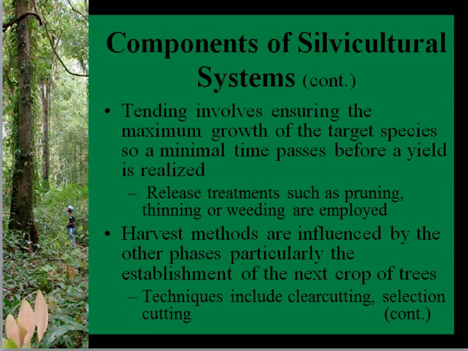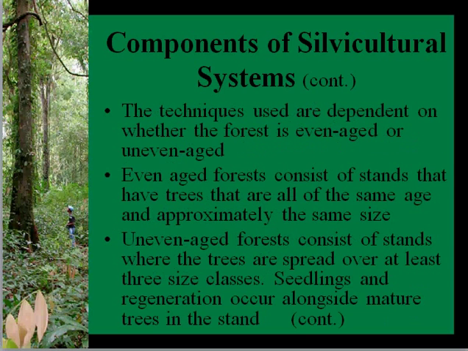So these different techniques are very much dependent on whether the forest is one of two main types, whether your forest is an even-aged forest or an uneven-aged forest. Now an even-aged forest is pretty much those plantations that I told you about. But an even-aged forest does have a natural equivalent, a natural even-aged forest, which tends to be found in more unpredictable type environments.